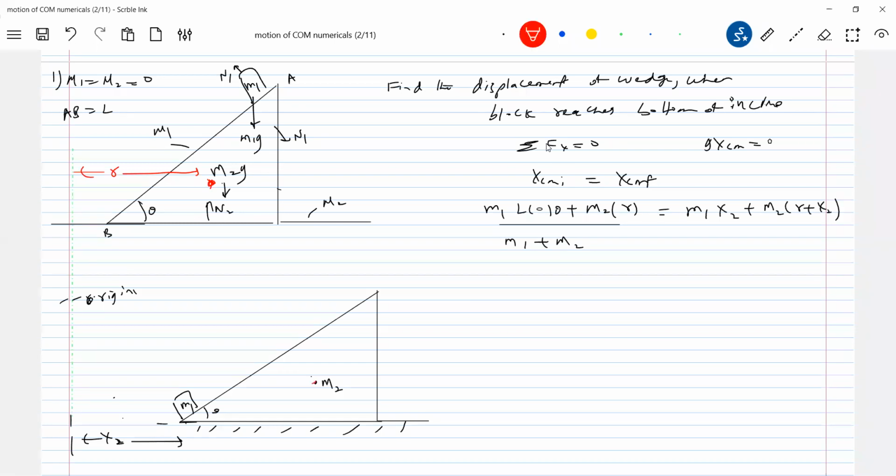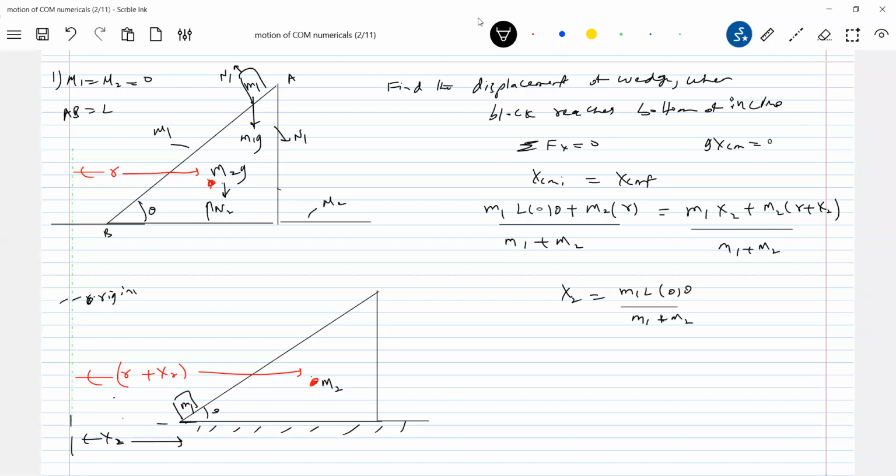So M1 times L cos theta plus M2 times (R plus x2), all divided by M1 plus M2. M2R gets cancelled. So we want only x2. So what is x2 equal to? M1L cos theta by M1 plus M2. This is the displacement of the wedge.